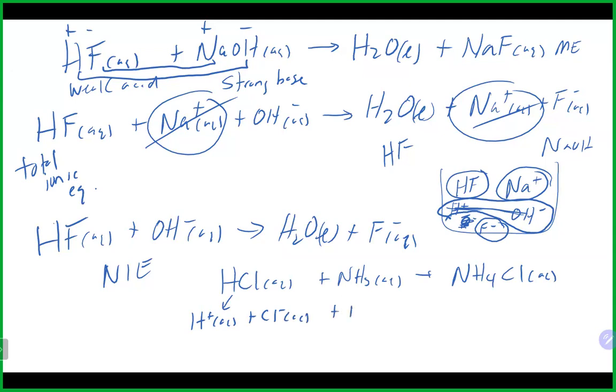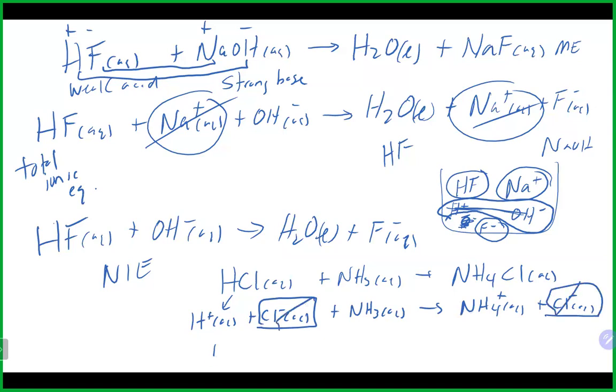This is our weak base, which means we would actually keep it together. This is basically a salt that will break apart into these guys. And you can see now it is the chloride that is our spectator ion in this particular case. That leaves us our H plus and our NH3 gives us NH4 plus, and this would be our net ionic equation in this case.